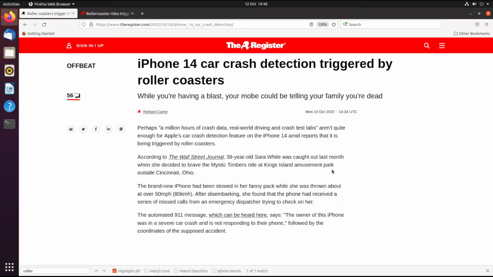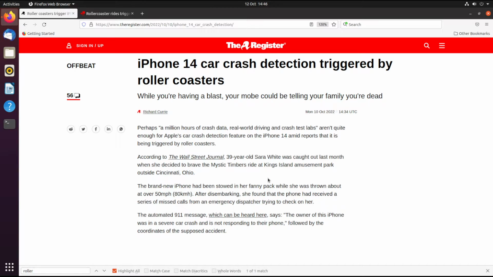In this case, you're approximating car crash by sudden acceleration change while moving at speed. Unsurprisingly, sudden acceleration change while moving at speed happens on roller coasters, happens in one case in one of these articles of someone on a motorbike who dropped their phone, and that you might consider perfectly reasonable. I mean, your phone dropping out of your pocket is probably unlikely.